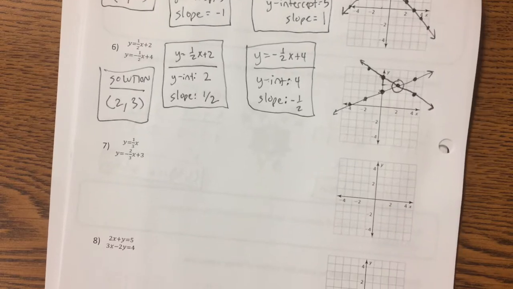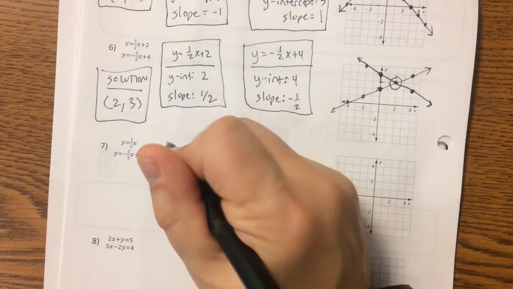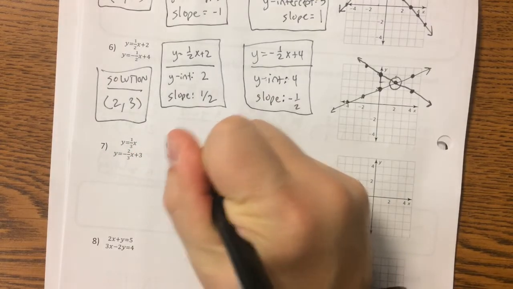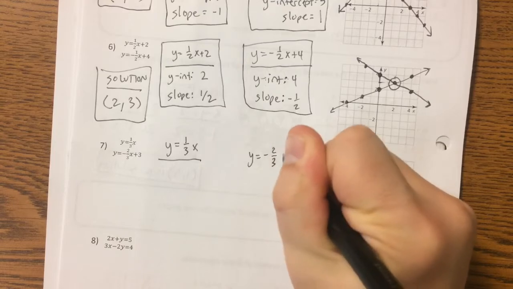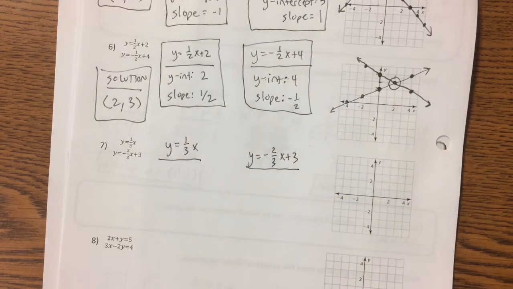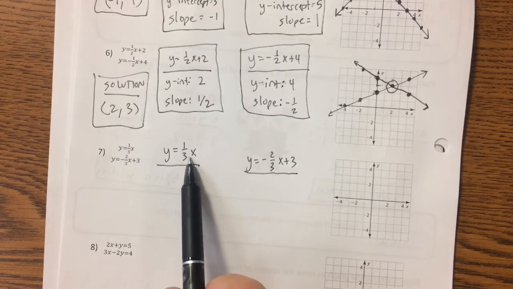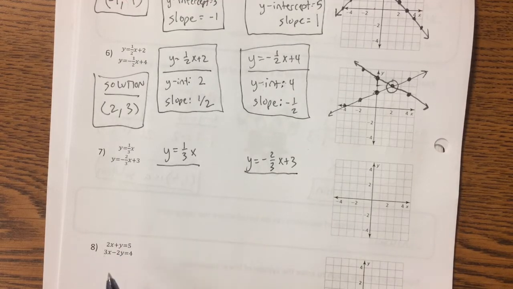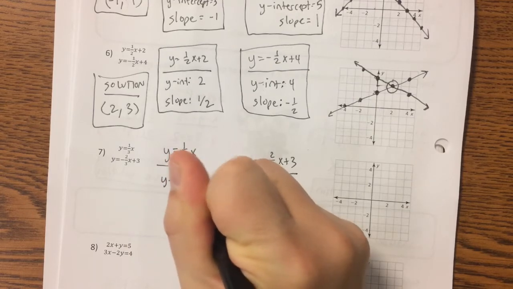For number 7, once again, these are both in slope-intercept form, so we're just going to stay the course here. Y equals 1/3 x is the first one. Y equals -2/3 x plus 3 is the second one. Now, if I see 1/3 x, but I don't see anything being added, what's the y-intercept? 0, yeah.